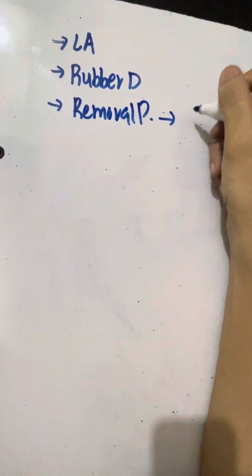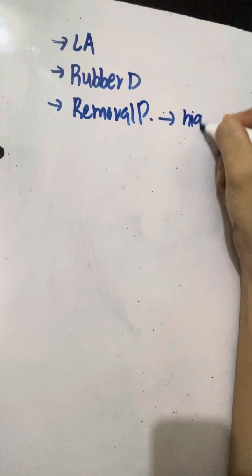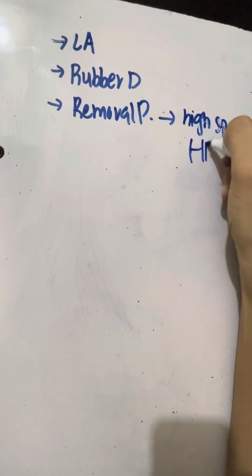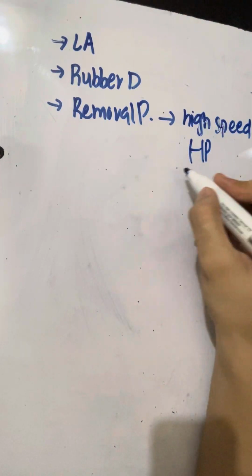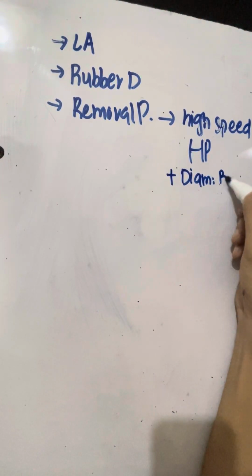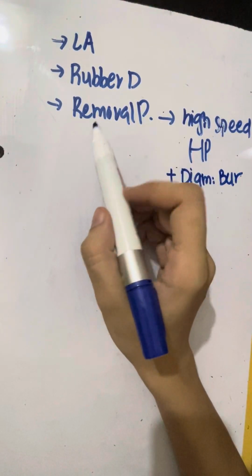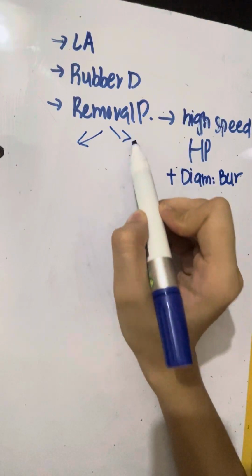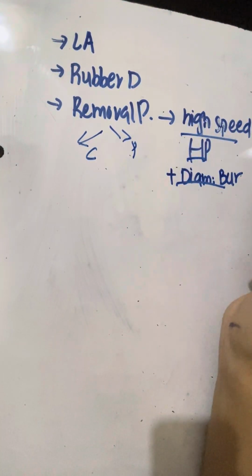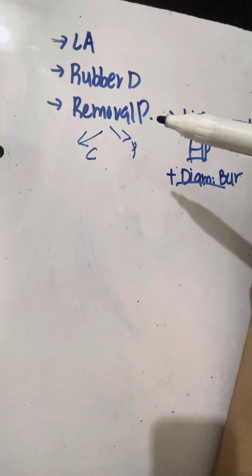Removal of the pulp will be with a high speed handpiece and the diamond burr. Then it depends on what you are performing, partial pulpotomy or complete pulpotomy, but you have to go for high speed handpiece and the diamond burr. First you will go for LA, then rubber dam, then removal of the pulp.